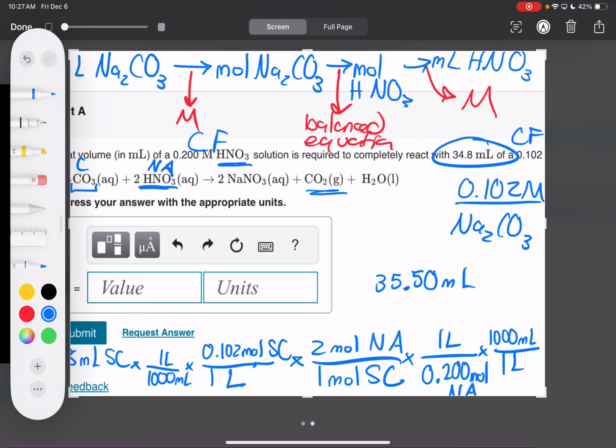Yep. Yeah, so both of them, not the product. It's not the product that actually matters in this instance. Basically, whichever two you're looking at, like here you're looking at HNO3 and Na2CO3, those two would both have to have ones in front for it to work. And there are a lot of those. That's why people will say, oh, we can just use this, because most acid-base reactions are a 1-to-1 ratio.